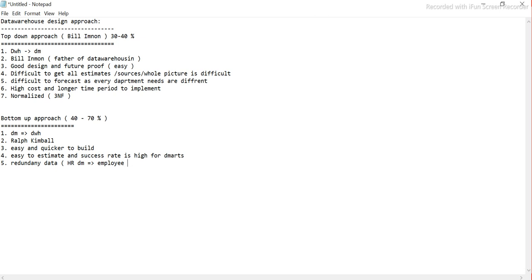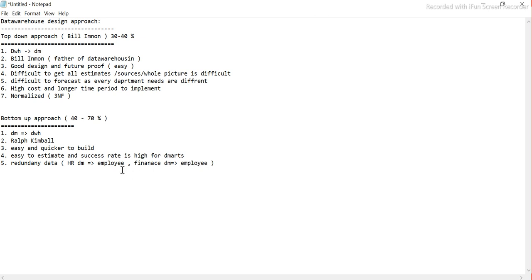Now, when I am building finance, again I will be using the employee table, the employee information, here. These are the dimension information, basically static information.